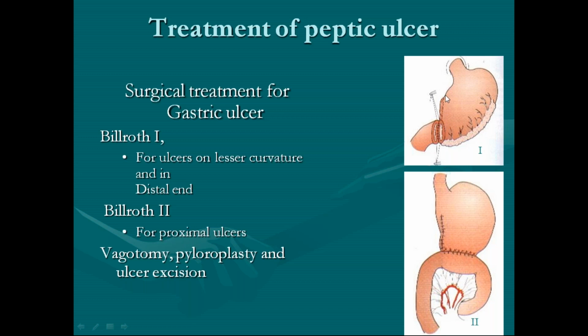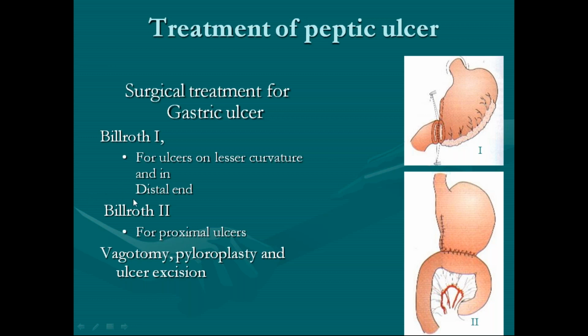You have closed the defect over the lesser curve, and you have made the size of the stomach equivalent to the size of the duodenum, and you have done an anastomosis, that is gastroduodenostomy. This is for treatment of gastric ulcers. This is Billroth 1 gastrectomy. Okay, this is mainly for the ulcers located in the lesser curve and the distal part of the stomach.